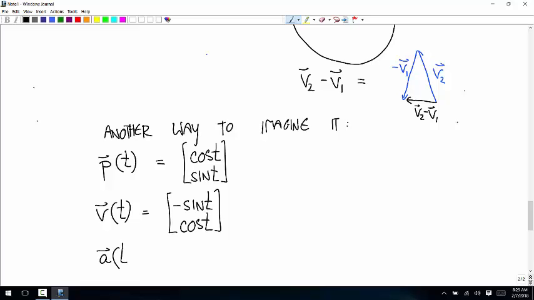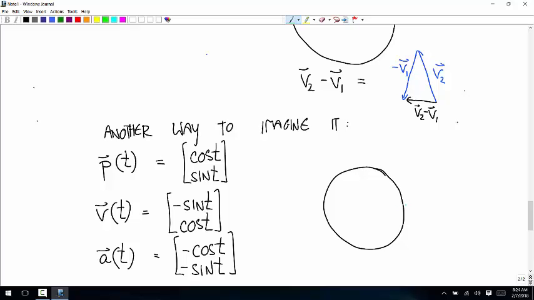And the acceleration is negative cosine t, negative sine t. So we're talking about the unit circle where the coordinate system is like this. Whatever time you're at, the position function is a vector from the origin to the point on the circle. And the acceleration is the exact opposite vector, so a vector from the circle back to the center.